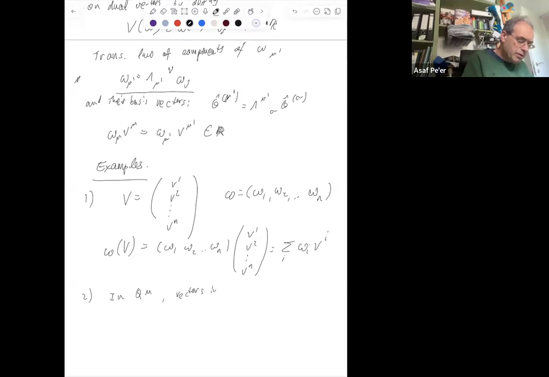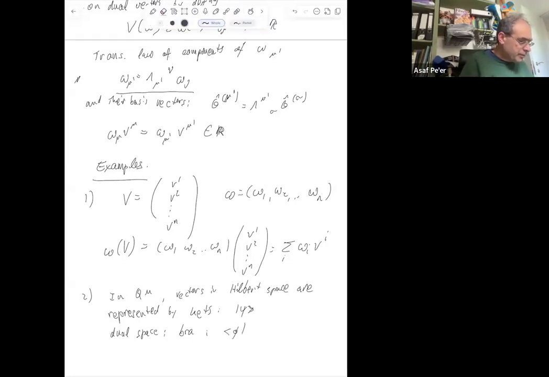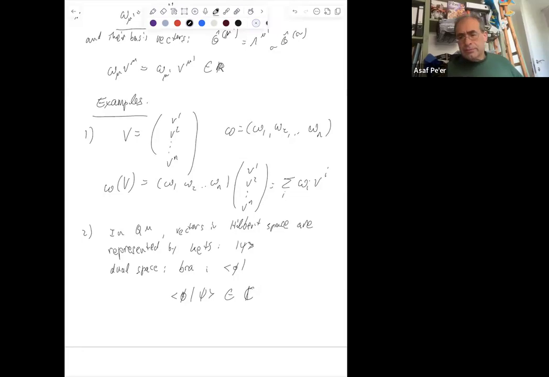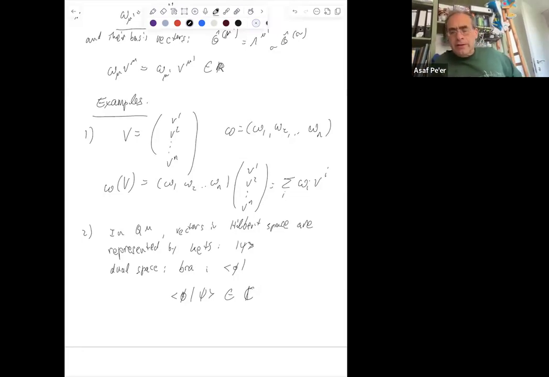Vectors in Hilbert space are represented by kets, psi, and the dual space by bras, phi, and the action gives a number. The inner product of phi and psi is a number, a complex number. It's not a real number, but the idea is the same, so there's nothing alarming.